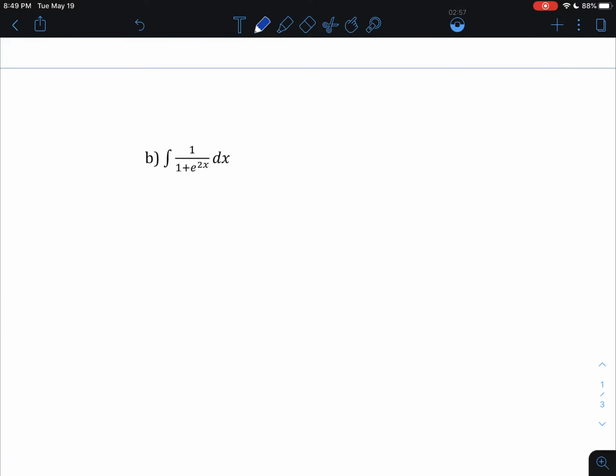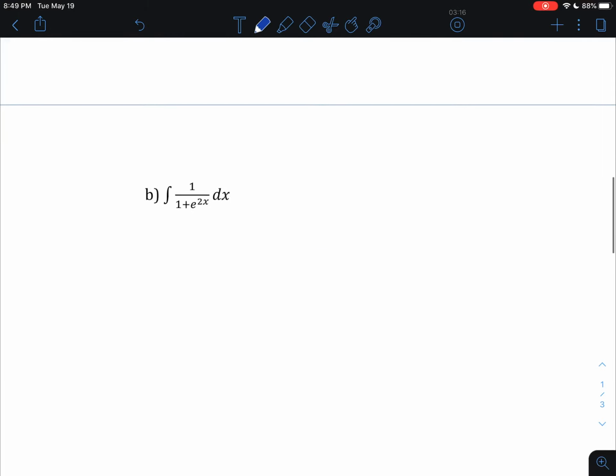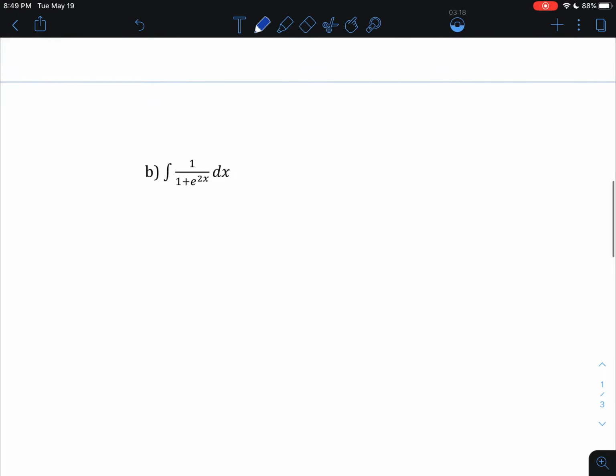For B, make sure to tell me on the test, I'm using formula number 44. If you fail to do that and you get it incorrect, I'm just going to mark it wrong and I'm not going to give you any partial credit. You have to tell me which formula you're using from the table.